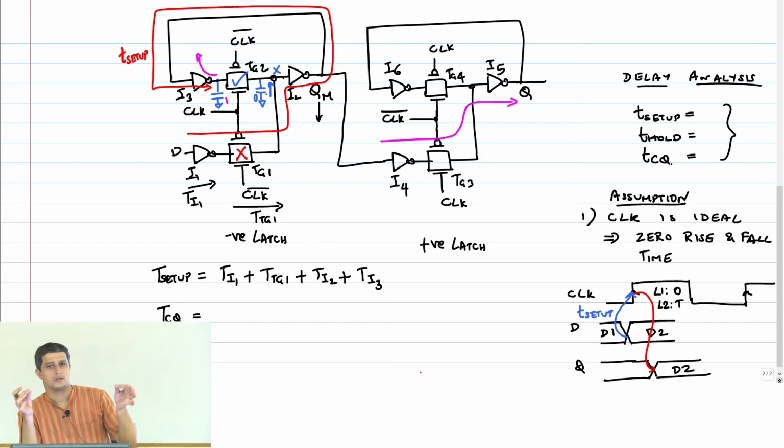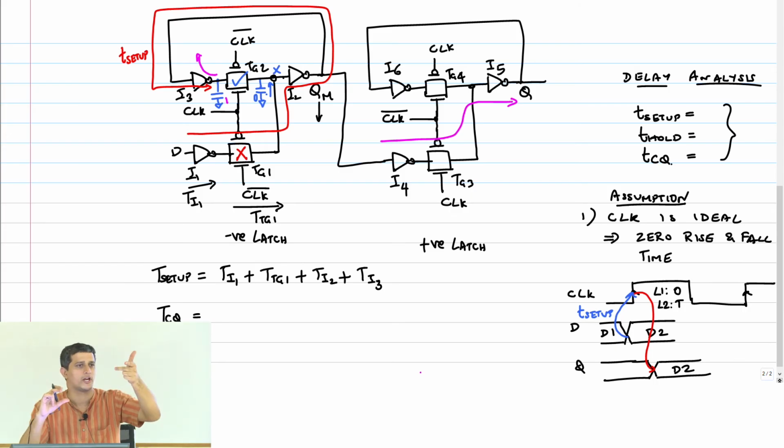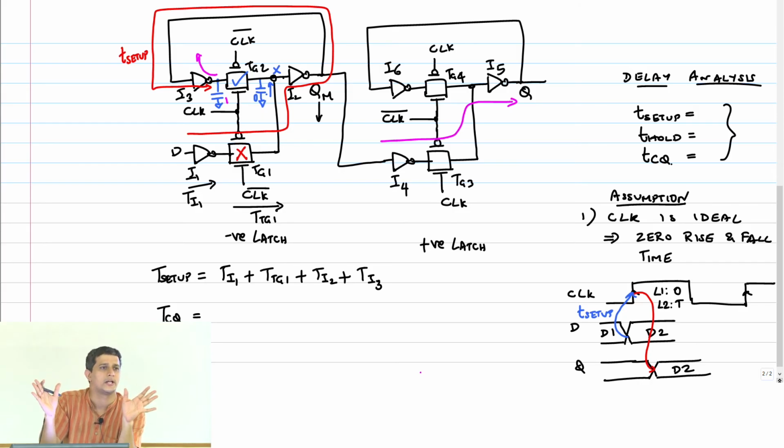No. But see, what we have done is, this guy had an input voltage. Across TG2 there was another voltage. Both are the same. Now the feedback is switching, which means that the feedback loop had some value. Nothing is changing there. That's the point.